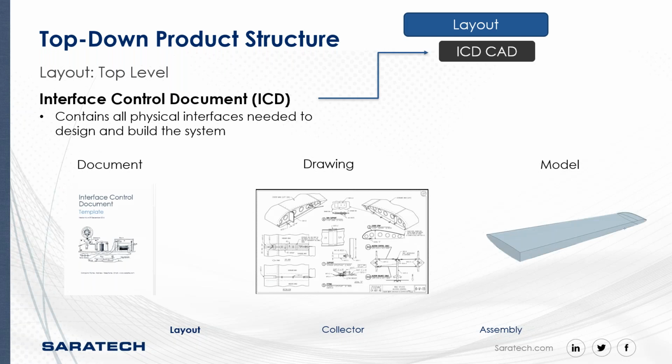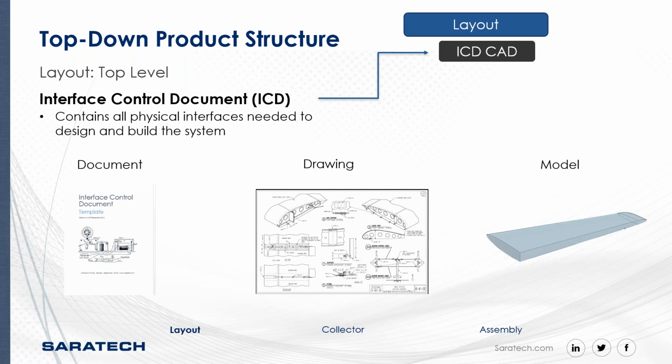So depending on your use case, you may have something called an interface control document, and that can be driven by a PDF document, a drawing with key dimensions, key tolerances, datums, and you can also have a model as well.